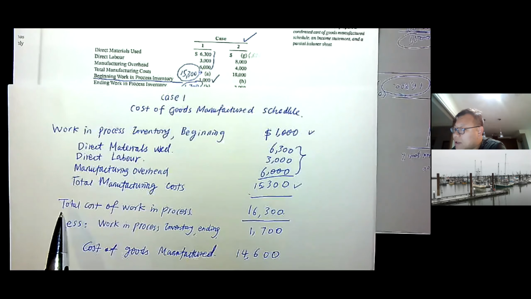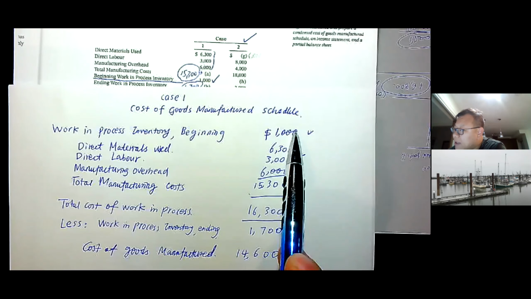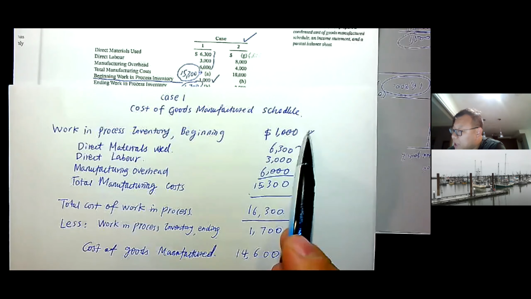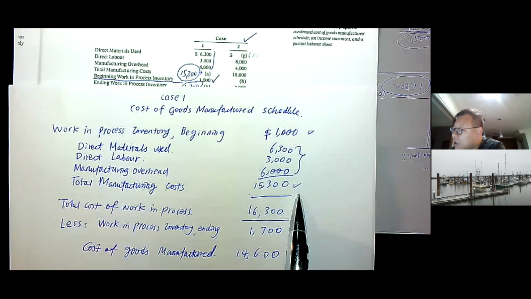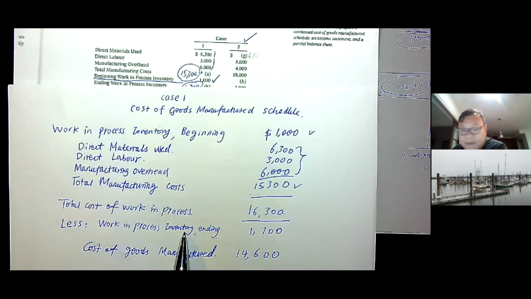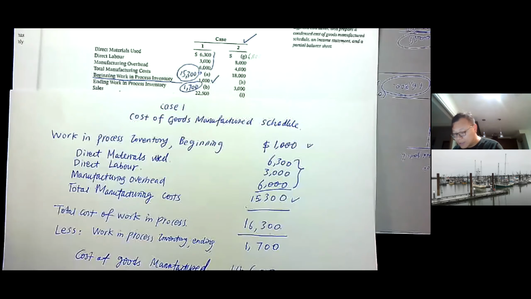And then you do another sum, that's the total cost of work in progress, the beginning balance plus the total manufacturing cost. And then this total cost of work in process less work in process inventory ending. So that gives you the cost of goods manufactured, 14,600. So this is called the cost of goods manufactured schedule. Okay, you have to follow this format.